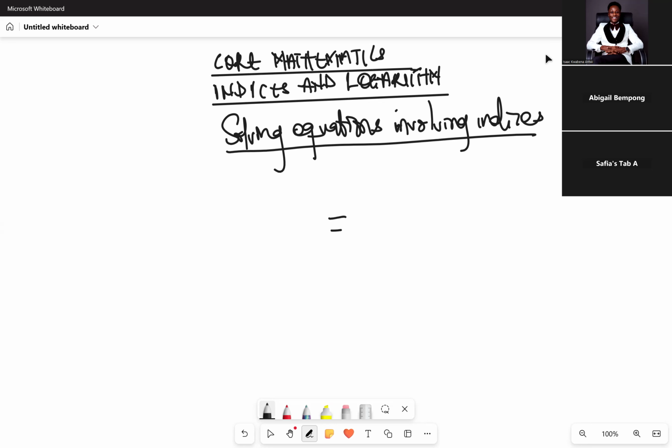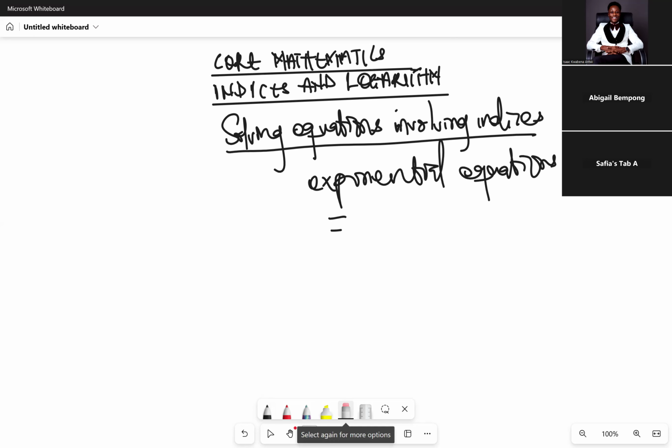Those equations are called exponential equations. They are equations that have unknown quantities or variables as index, power or exponent, and we'll be asked to solve for them.